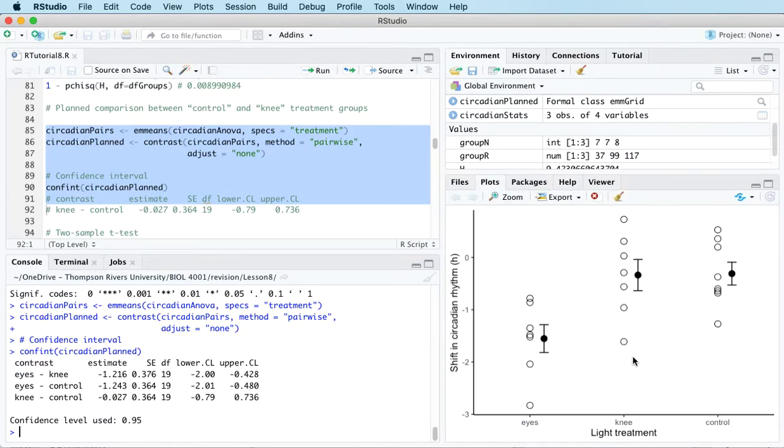That supports what we saw in the strip chart that we drew: in the sample, not a whole lot of difference between the knee group and the control group. This planned comparison, when we look at the confidence interval, supports that conclusion. So that's a planned comparison that we can do between two of the levels after we've done an analysis of variance F-test. In the next video we'll talk about unplanned comparisons and see how those work in this context.